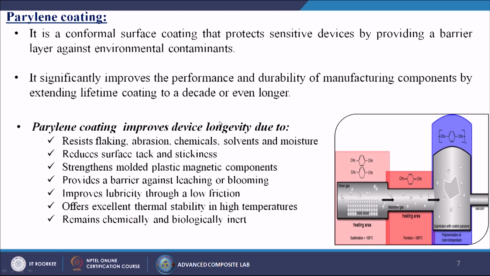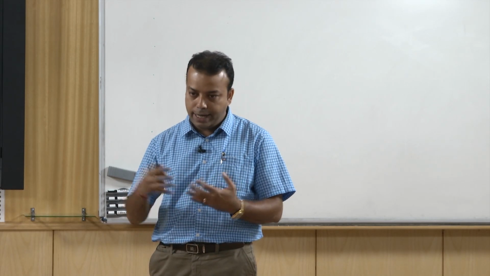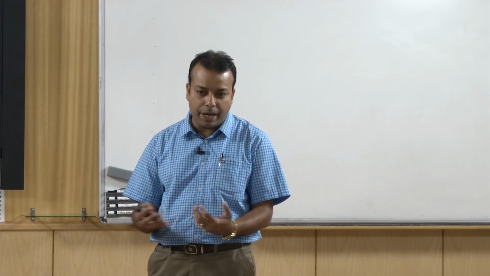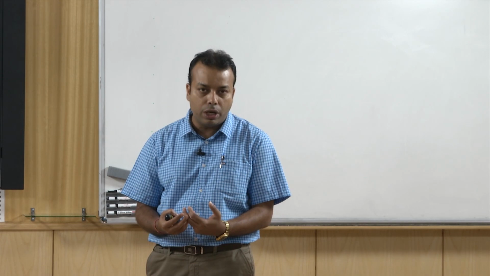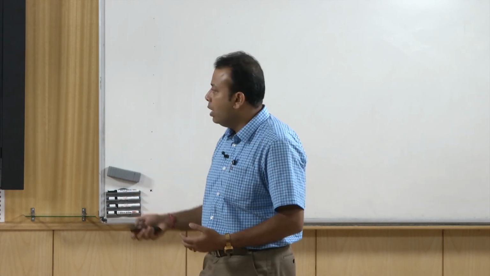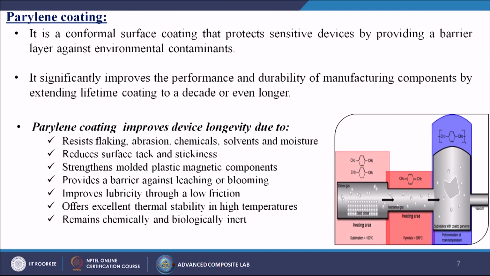Parylene coatings improve device longevity because they resist flaking, abrasion, chemicals, solvents and moisture. It gives a layer so that any chemical environment or environmental moisture can't react with your base material.